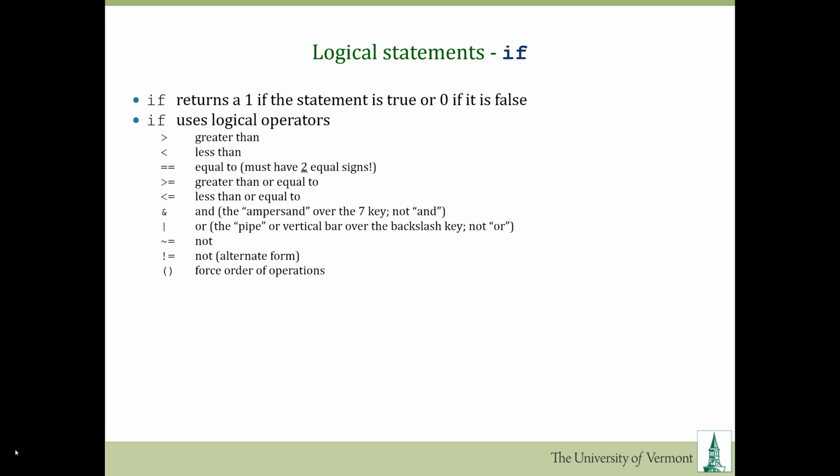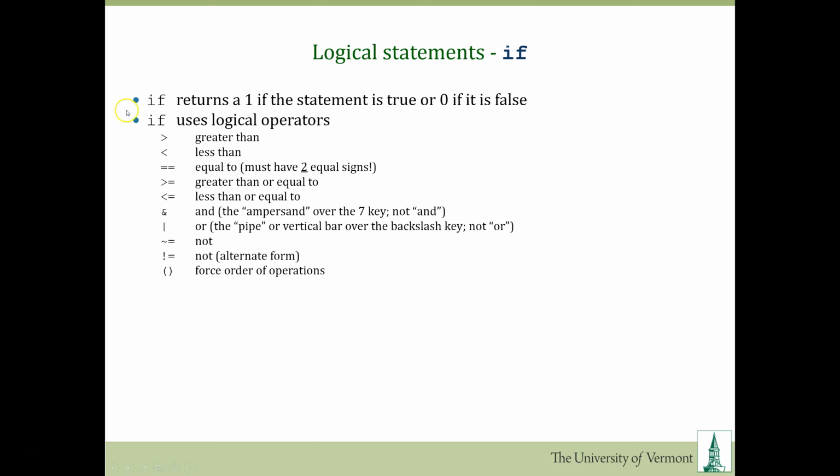How does Stata decide if statements are true or false? Well, it uses your classic logical operators, such as greater than and less than. So if you type in if age greater than 17, all the records that are 18 or older will be marked true with a 1, and all the ones that are 17 or younger are going to be marked with a 0.